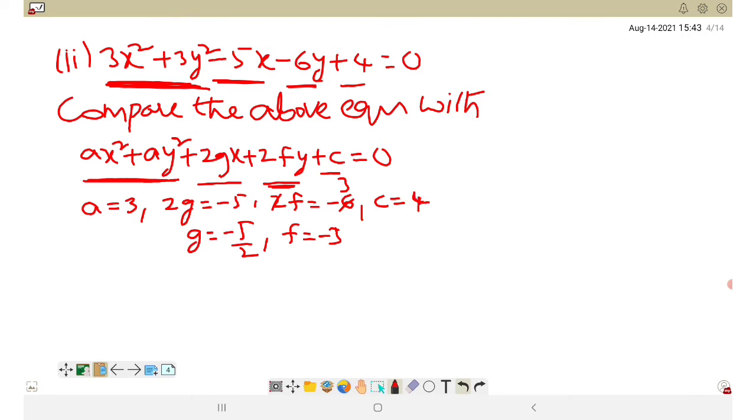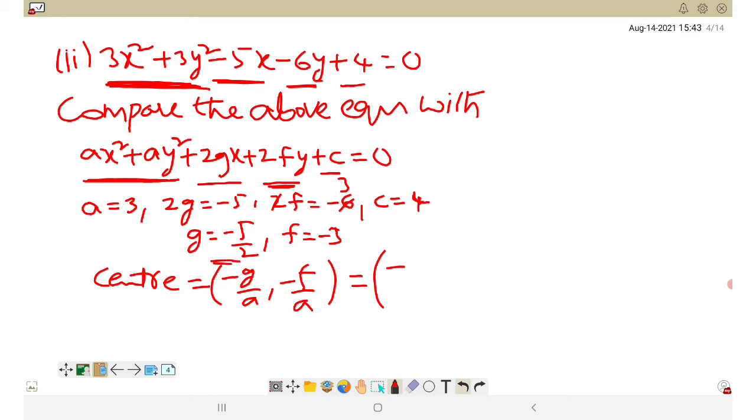Okay. Now the center of the given circle is: center is equal to minus g by a comma minus f by a. Minus g is equal to minus of minus 5 by 2, by a is equal to 3, comma minus of f is equal to minus of minus 3, by a is equal to 3.